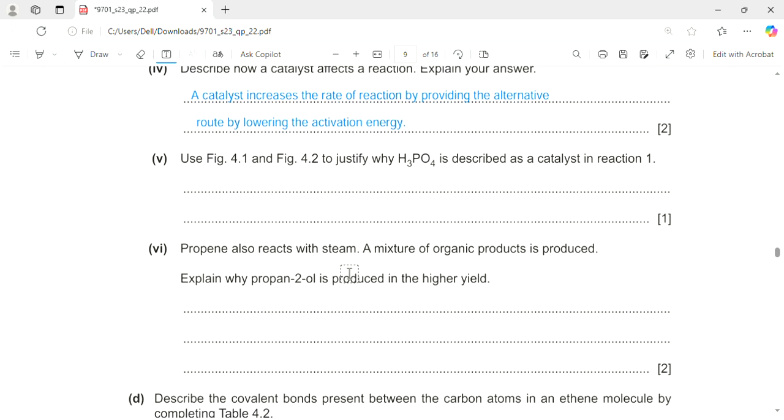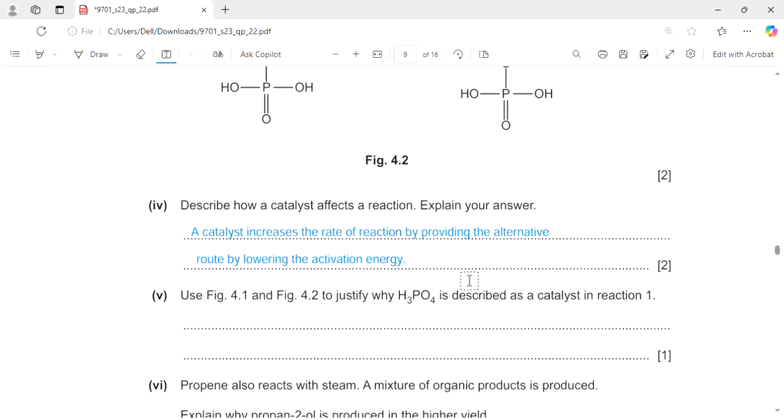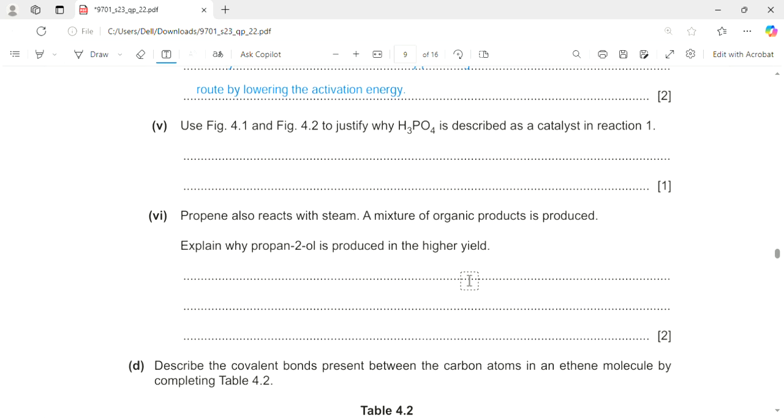Use figure 4.1 and 4.2 to justify why phosphoric acid, H3PO4, is described as a catalyst in reaction one. Here it is produced again. So it is regenerated.